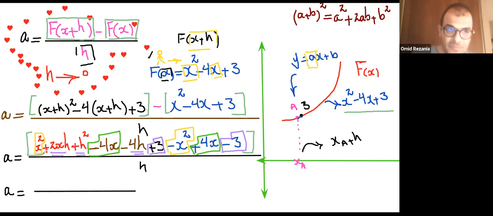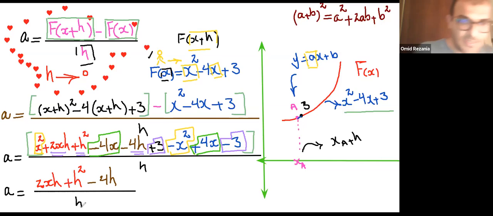The terms which are left from the previous expression: I have 2xh, h squared, and minus 4h. I'm just going to pick up the right colors from the previous line, so your eyes can see what's going on there. And I also had h at the denominator. You're okay so far, huh?